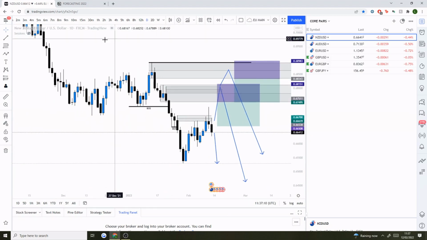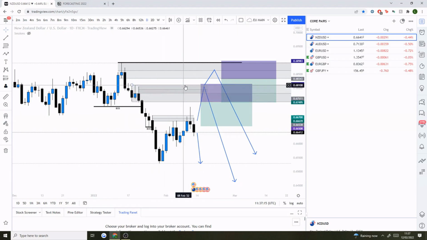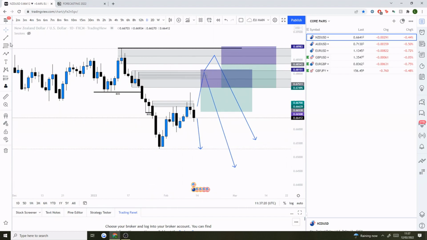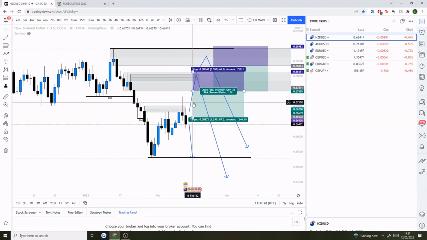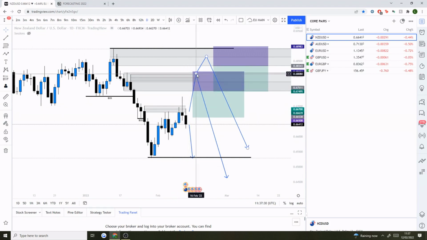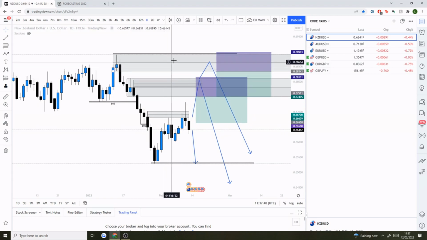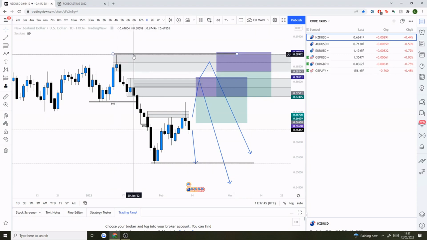And from a daily perspective, I would anticipate that price will probably be coming back up either into this area or into this area before it then breaks structure again below this low. So what I'll be looking at going into next week from a daily perspective is for price to basically retrace further up into this area, and then when we do get into here, I'll look to sell off from this area, and if we then do go above that area, I'll still be looking for sells, and I'll be looking to sell out of this area here.